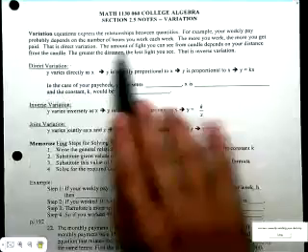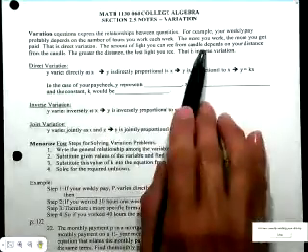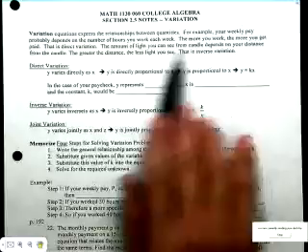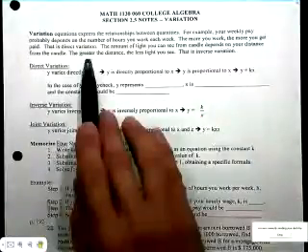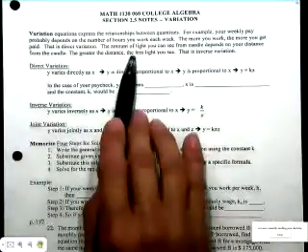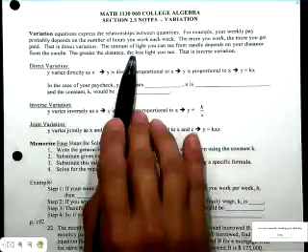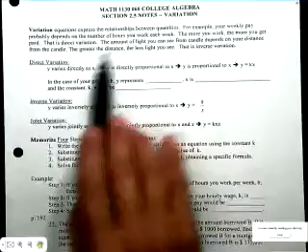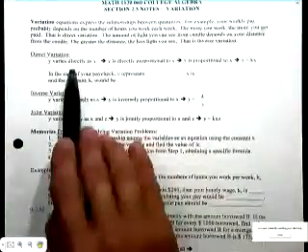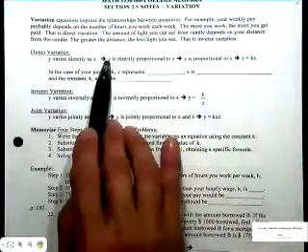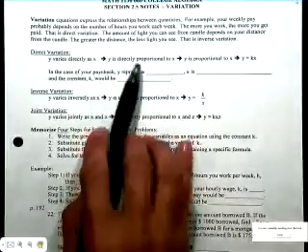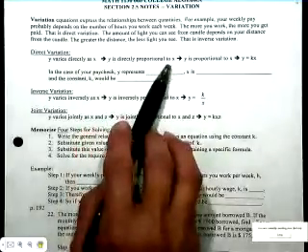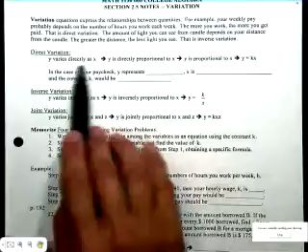The amount of light you see from a candle depends on your distance from the candle. The greater the distance, the less light you see. That's an example of inverse variation. Whenever you see the words y varies directly as x, or y is directly proportional to x, or just y is proportional to x, all 3 of those things mean the same thing.